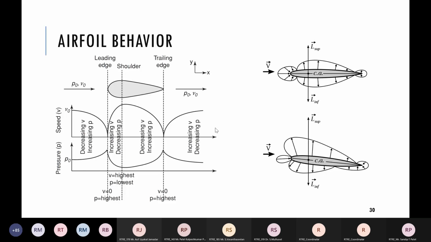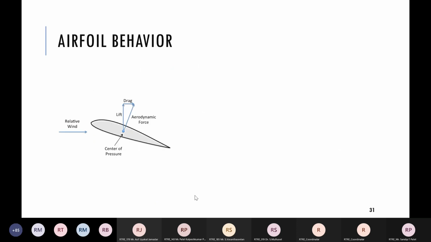But the resultant lift is positive in the upward direction, and that is why the wing of an airplane or wind turbine experiences the lift force in the upward direction. Okay, so this is the resultant thing.